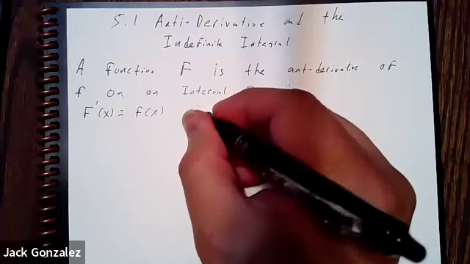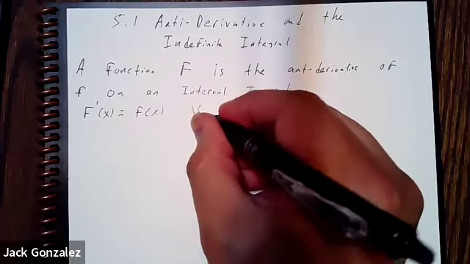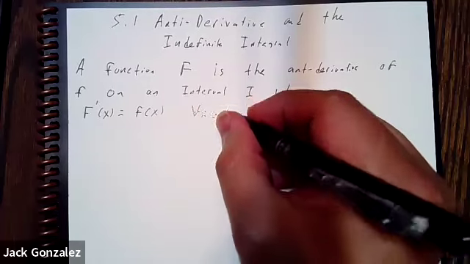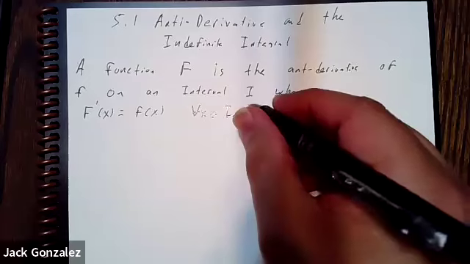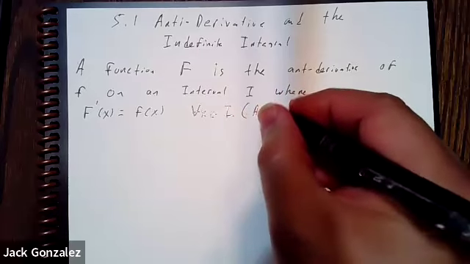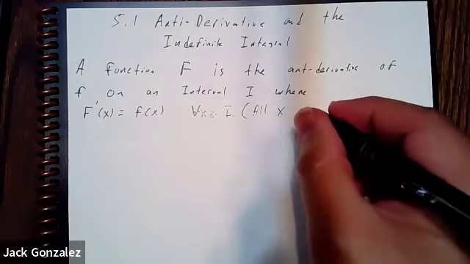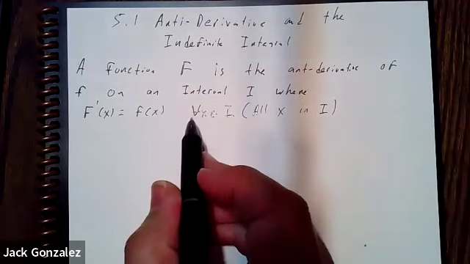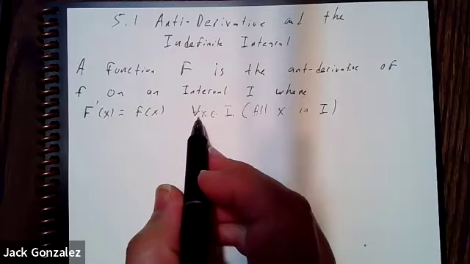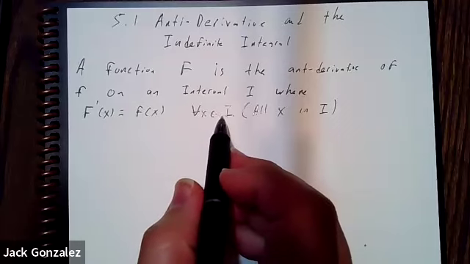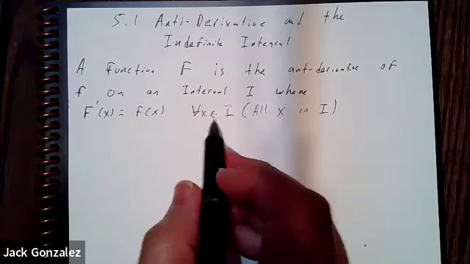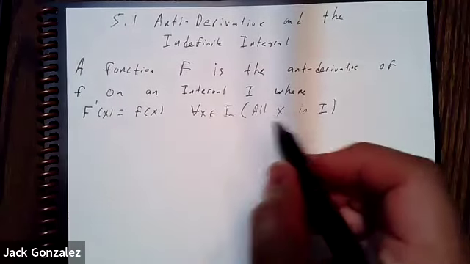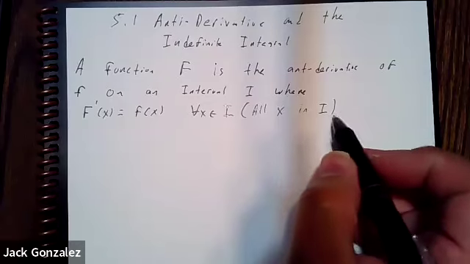And this is the mathematical symbols for all x in I. So it's just the upside down A here is for all x, lowercase epsilon means element of the set I. So just all the x's that live in this interval.